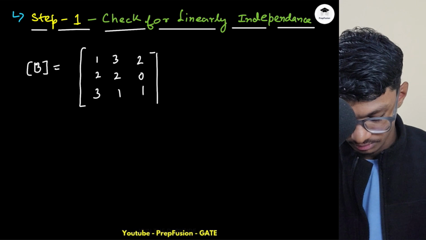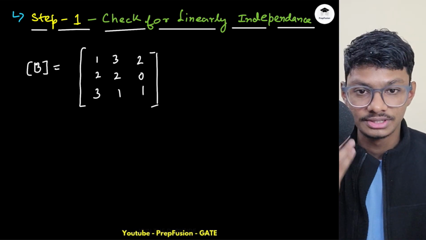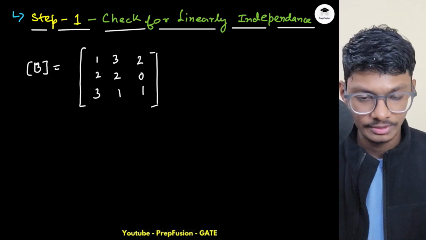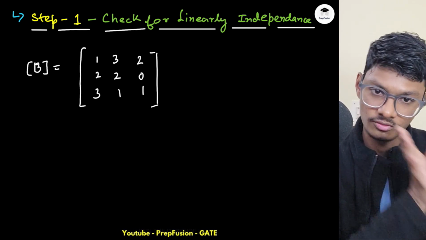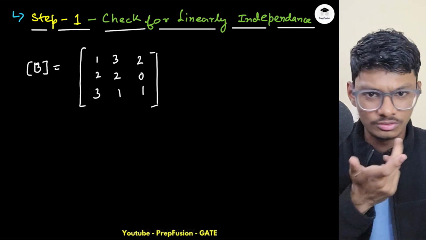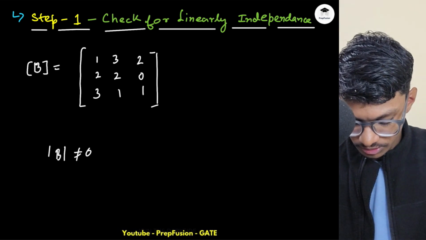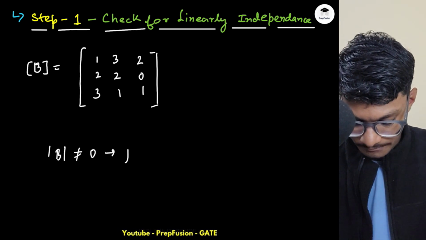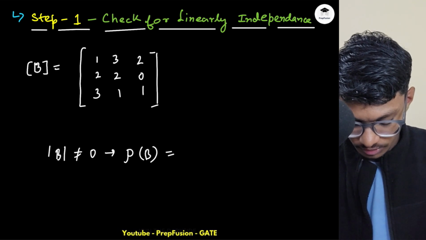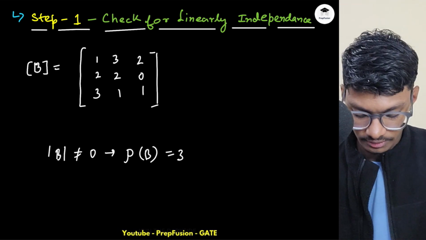Now what is the determinant of this? If you want to check, you can find the determinant, or convert this to row echelon format and solve from there also. But I will do it with the determinant method, whichever is suitable to you. Determinant should not be equal to 0 for rank of B to be equal to 3, a full rank matrix basically.